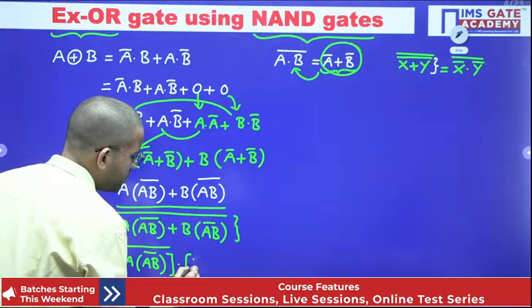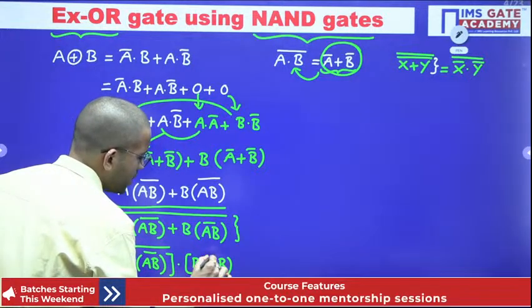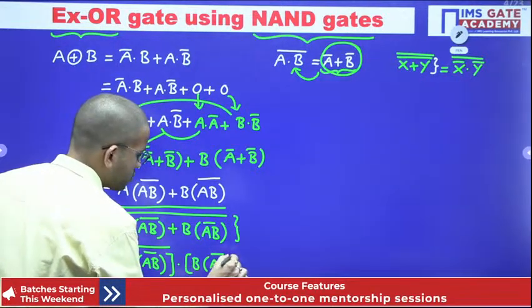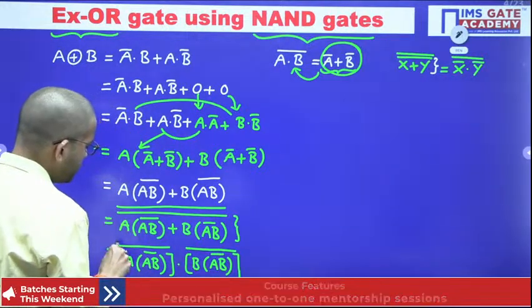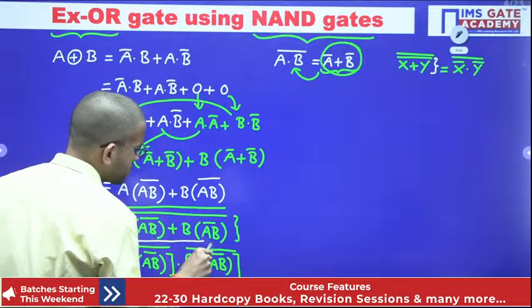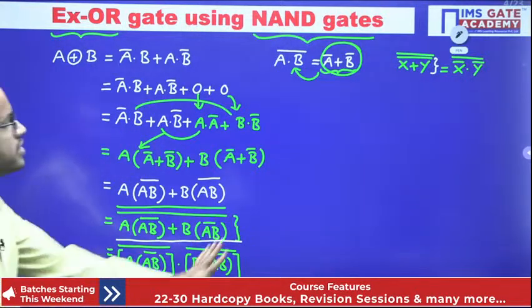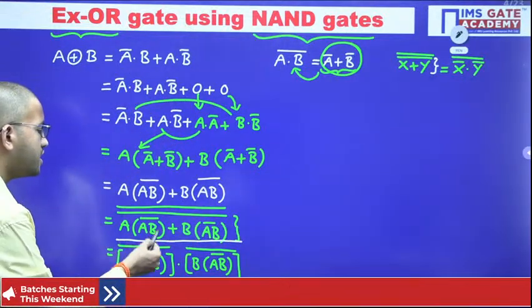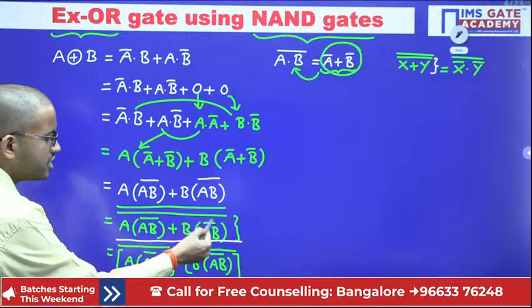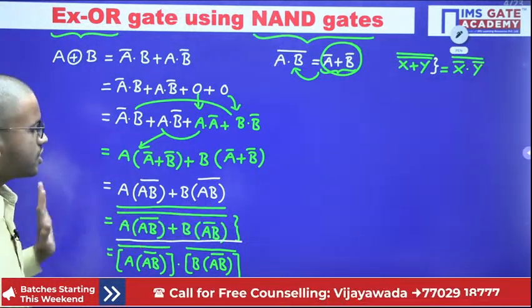Now the second term is B into AB bar. So this is the second term. So second term complement, and then keep the external complement as it is. Okay, it's like X bar, Y bar, whole bar. So X is nothing but this entire term, and similarly Y is nothing but this entire term. After that you are getting the complement and then the overall complement, right?